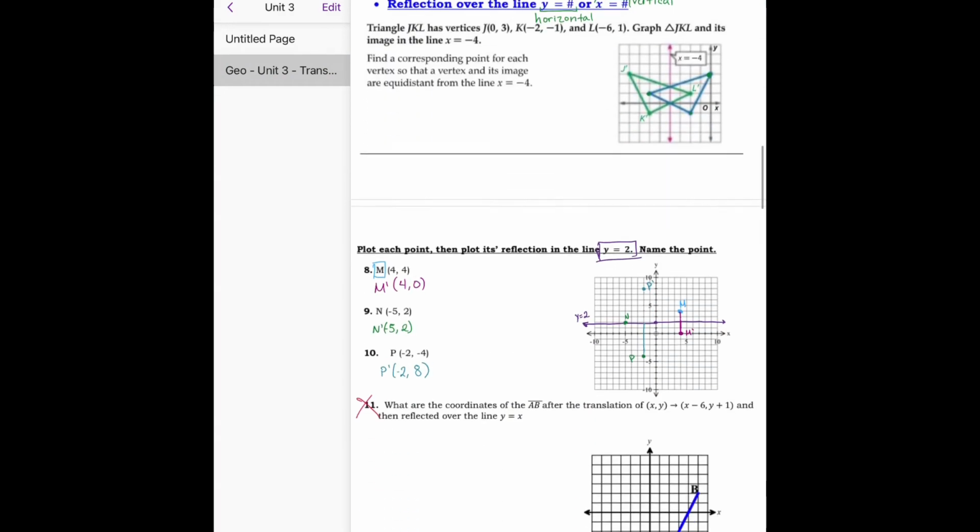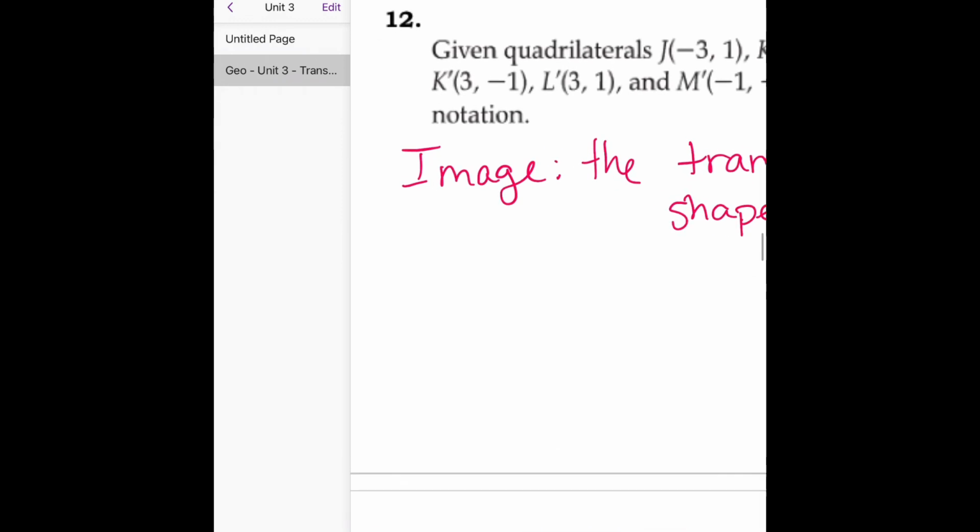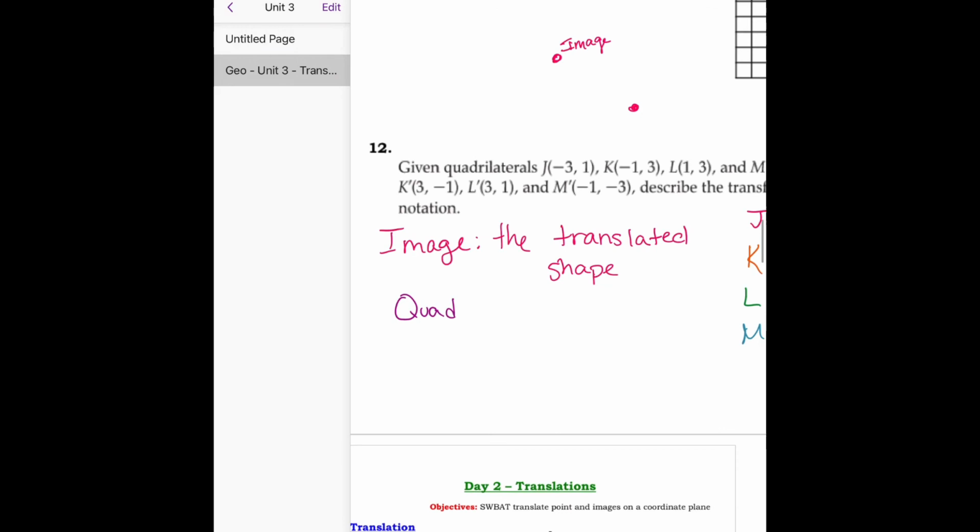So quadrilateral JKLM was reflected across, again, can't spell, glad I'm not an English teacher, the line y equals x.